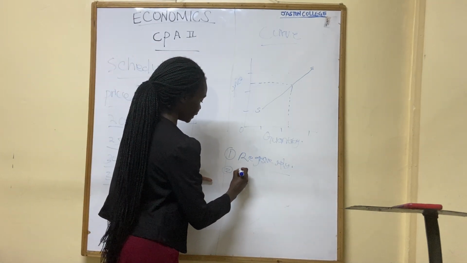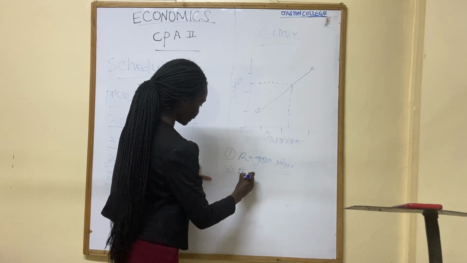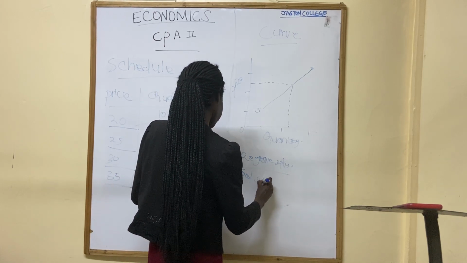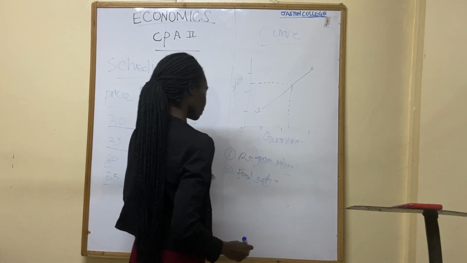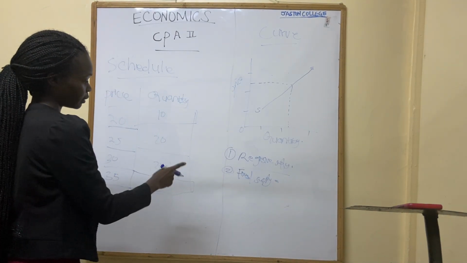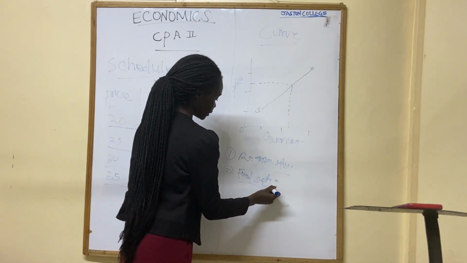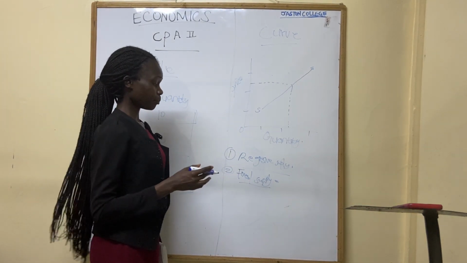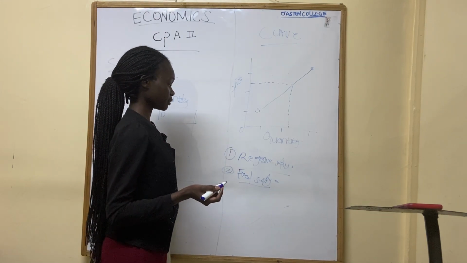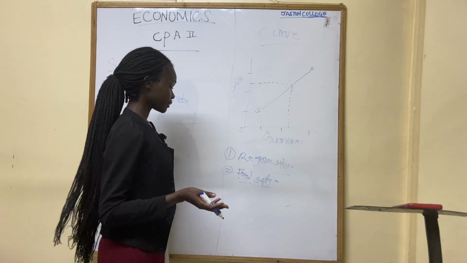The second one is a fixed supply. In this term, fixed supply, the supply remains constant regardless of the price.